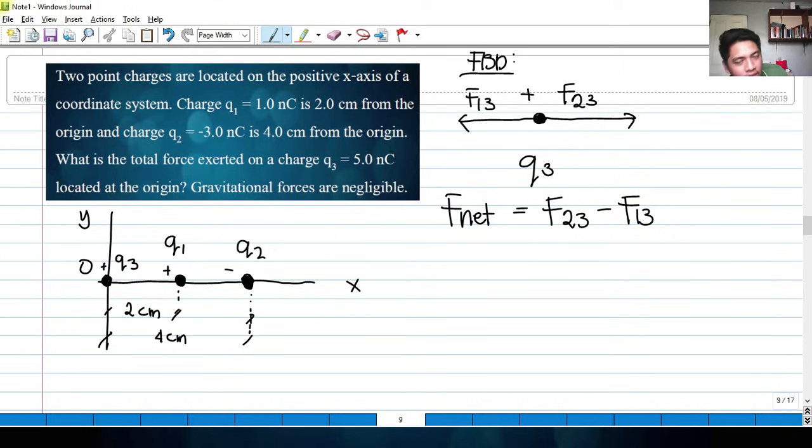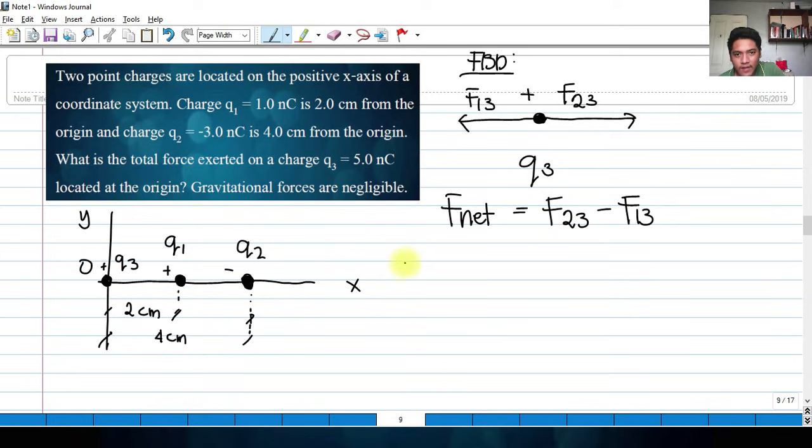So that is the equation to get the total net force on charge 3. If you already assign the signs, then in computing F23 and F13, we should use the charges Q in Coulomb's law as positive.